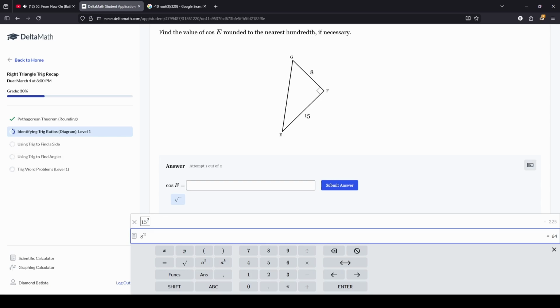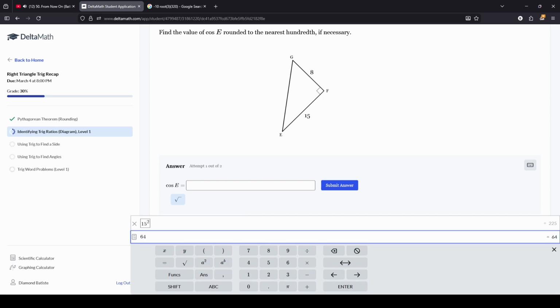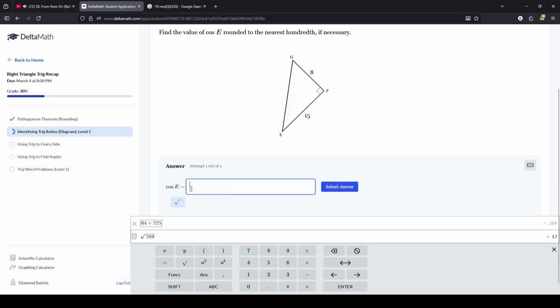We're just adding them, so 64, 225, 289, and then this 9, not 5, gets us 17, and then with this, the S goes bottom, so 17 over 15.